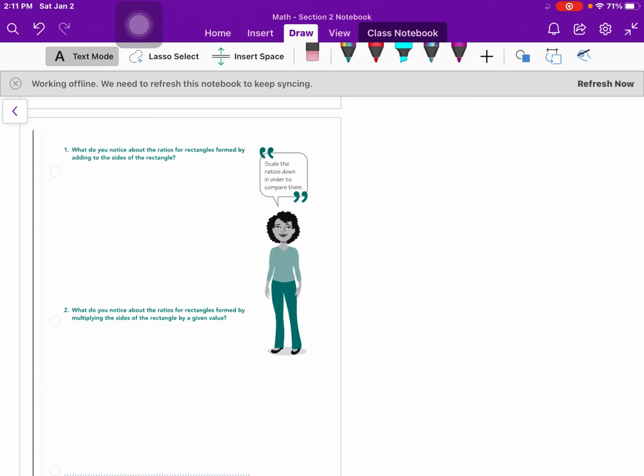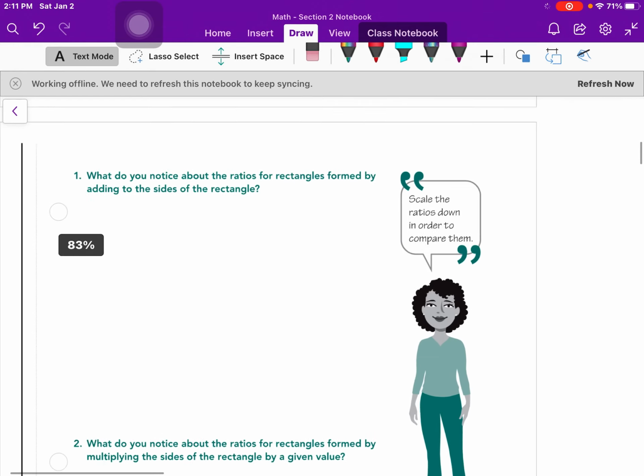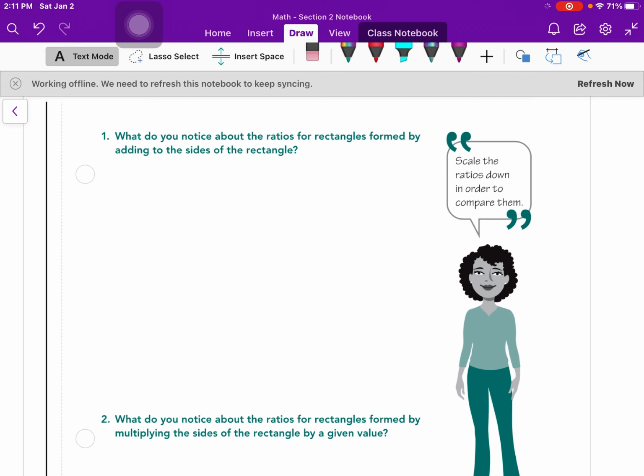Okay, hopefully you had a chance to respond to those. The first one says, what do you notice about the ratios for rectangles formed by adding?